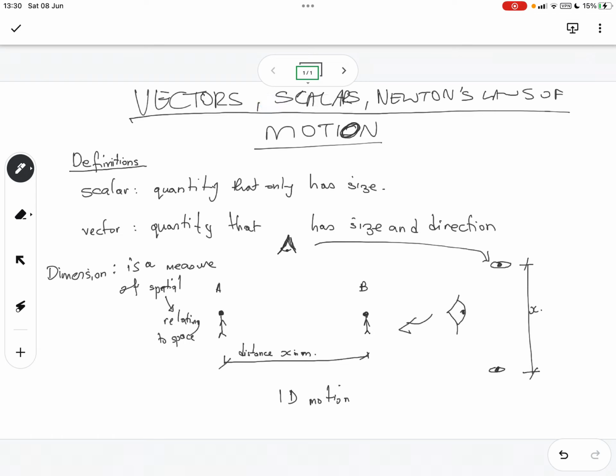Spatial, the word spatial comes from space, ne? So it means relating to space. Anywhere where anything can be, it's space. All right. Now, if we're looking at this scenario here, it's one dimension because we are measuring one aspect of space, which is in this direction.